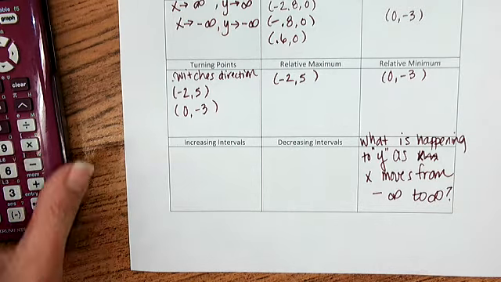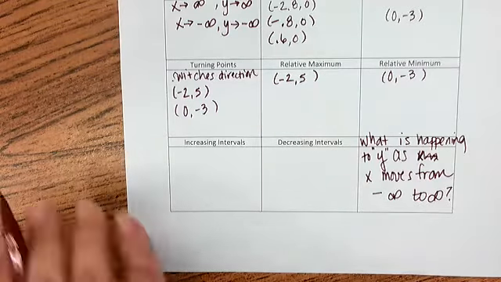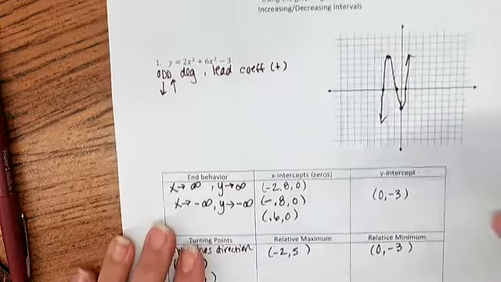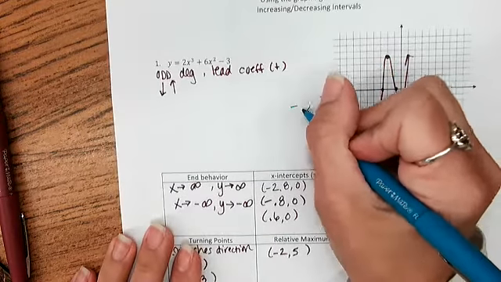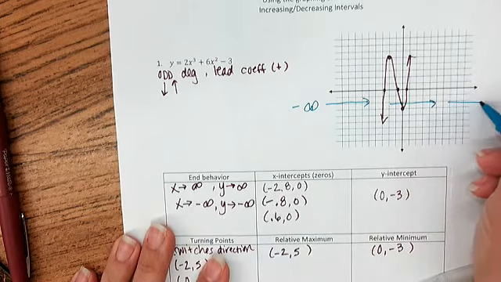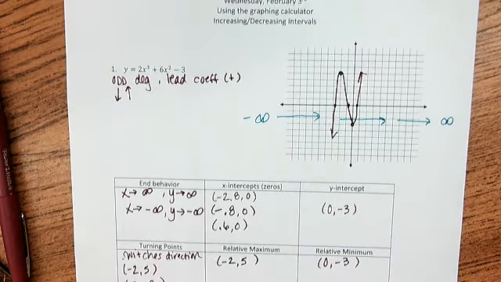Okay, well, you've already answered all these questions. Down here is negative infinity. So as I'm moving across to positive infinity, what's happening to y?